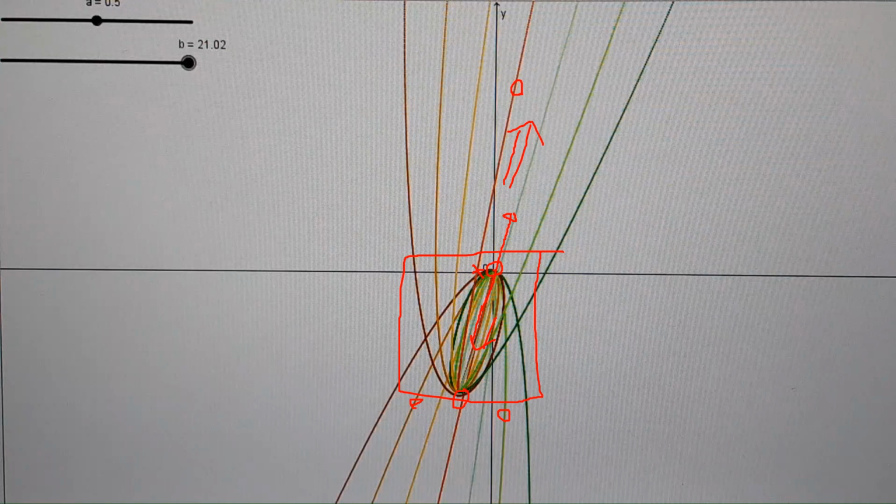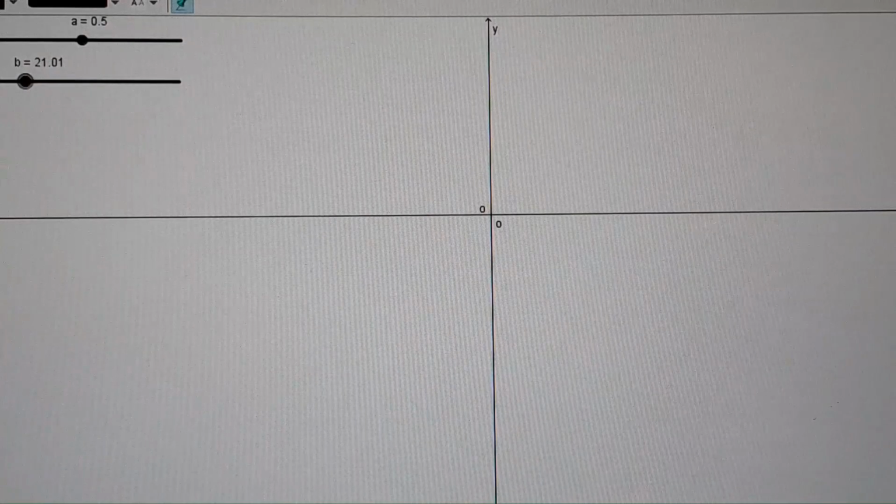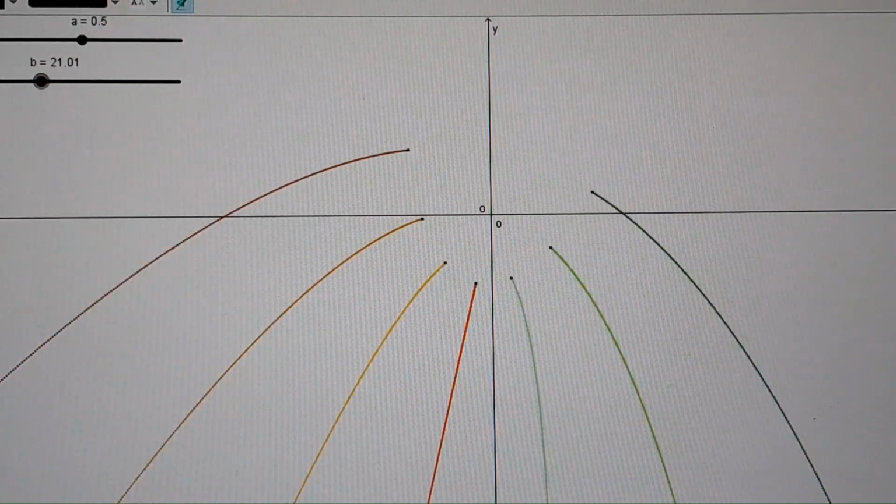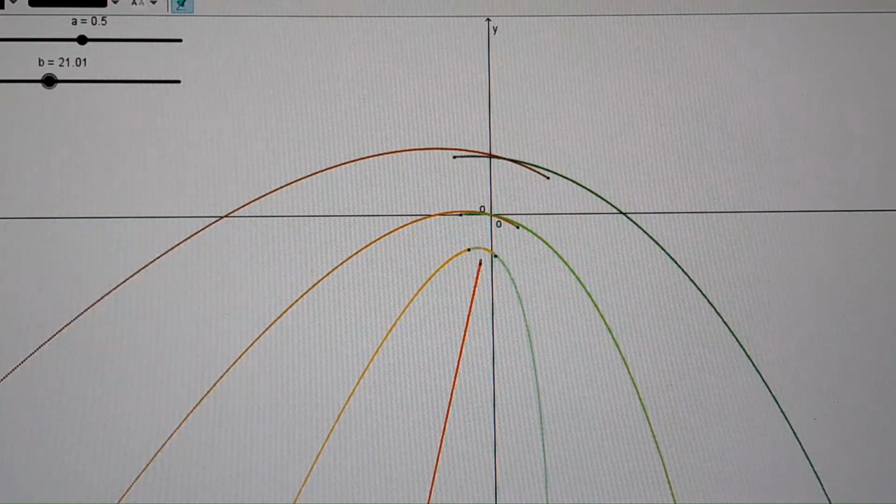So we can think about whether the original Riemann zeta function can show this kind of pattern. Let's see in more detail the graph pattern near the origin.